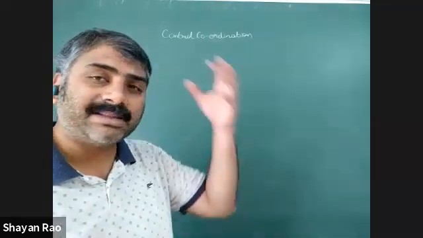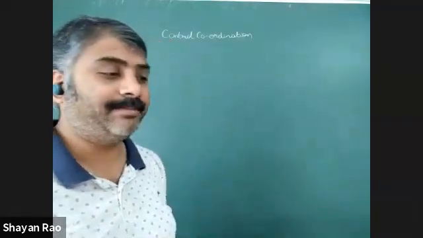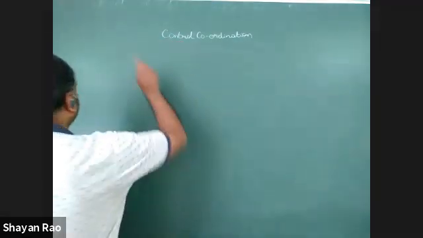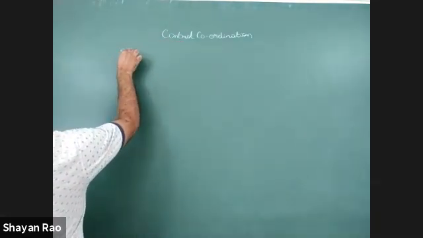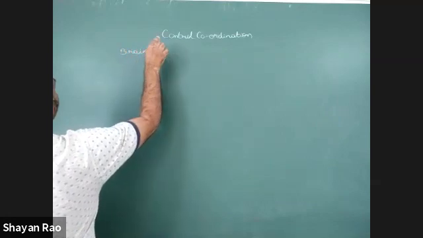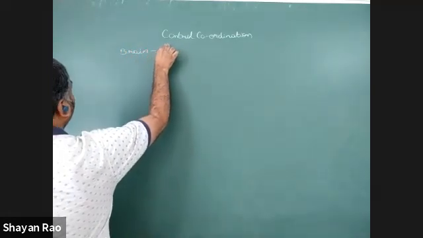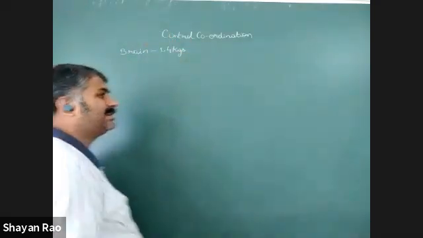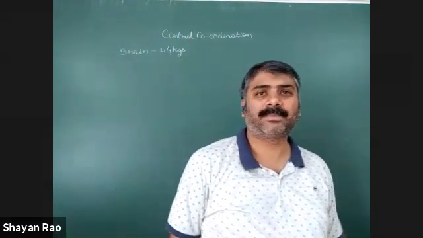The brain, which is present at the anterior end, has a weight of around 1.4 kg. Approximately, I can say 1.5 kg is the weight of the brain.